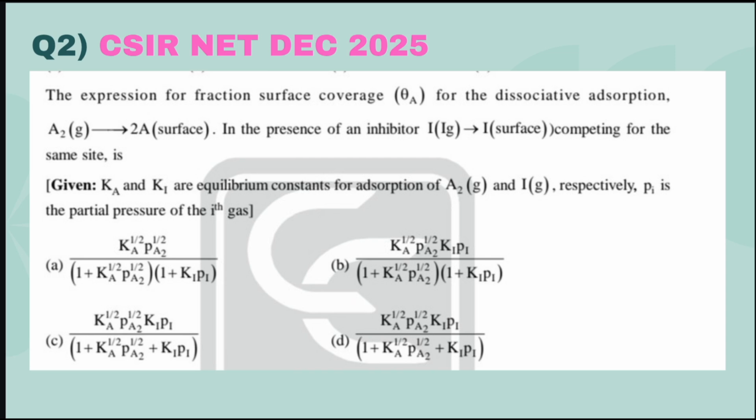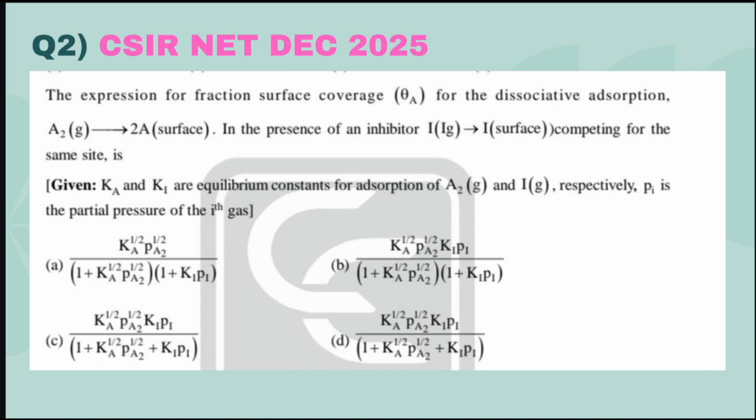Option A, Ka to the power half into Pa to the power half divided by 1 plus Ka half Pa half into 1 plus Ki Pi. Option B is Ka half Pa half Ki Pi divided by 1 plus Ka half Pa half into 1 plus Ki Pi.